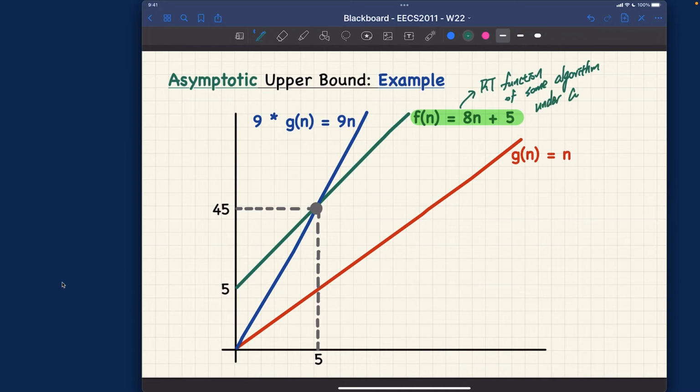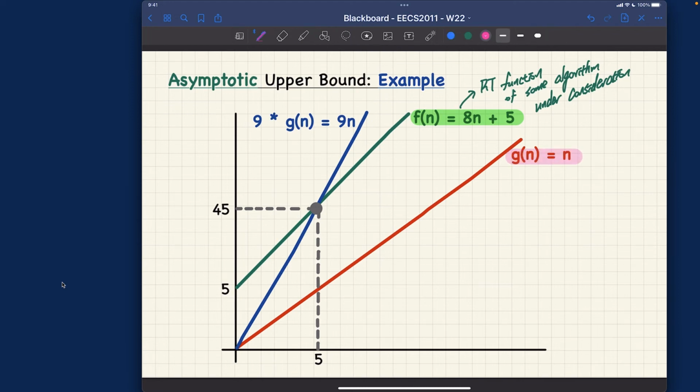Let's do one at a time. And then let's talk about g of n. G of n is simply just n, so that is a linear function.